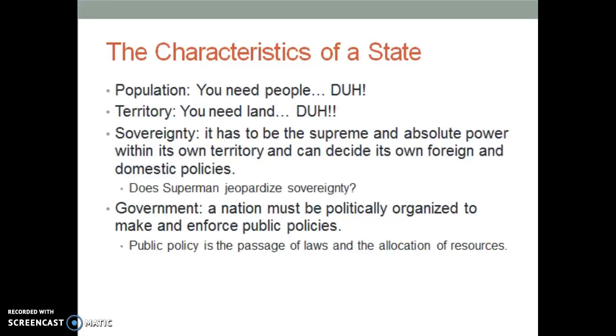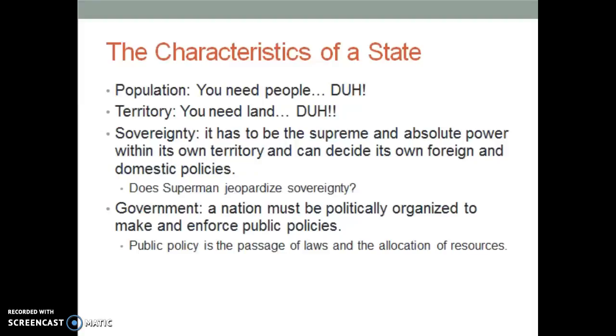Then we get into sovereignty. Sovereignty has to be supreme and absolute power within its own territory, and it has to be able to decide its own foreign and domestic policies. And then we need a government, obviously.